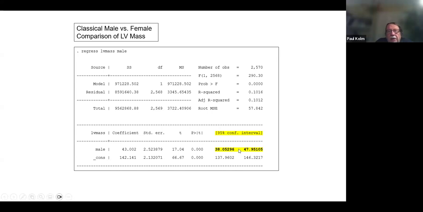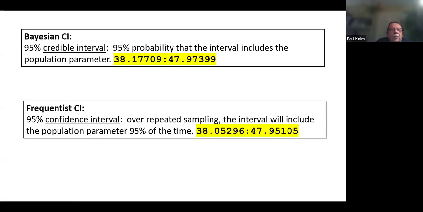The confidence interval for males is 38 to essentially 48. And if you remember our previous slide, then we see that the intervals, whether it's the Bayesian credible interval or the frequentist confidence interval, are virtually identical.